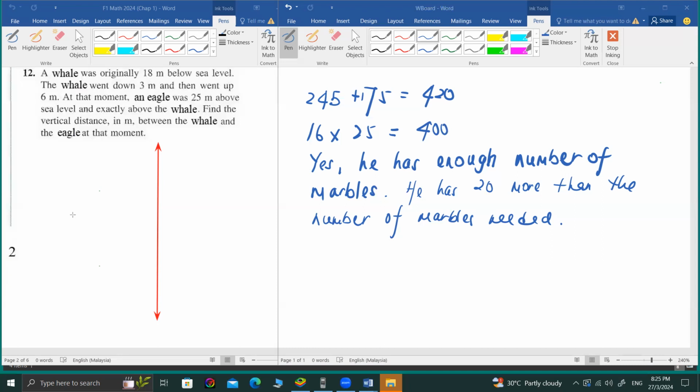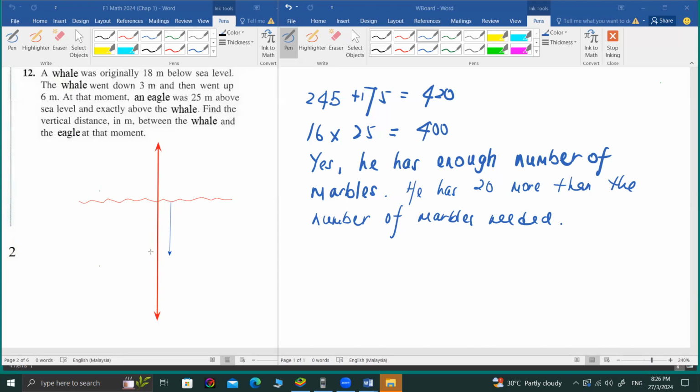Let's say this is the sea. Sometimes if you get stuck on any question, you can draw a diagram to understand well. A whale was originally 18 meters below sea level. Below, okay? Next, the whale is here.